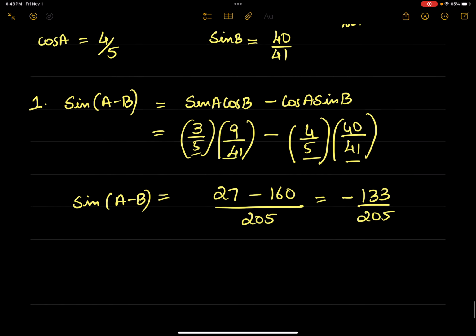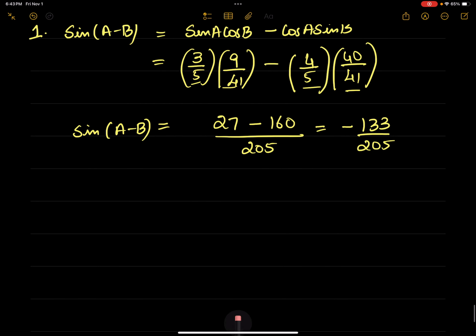Now let's move forward. The second part of this question is to find sine of A plus B. Let's apply the formula here.